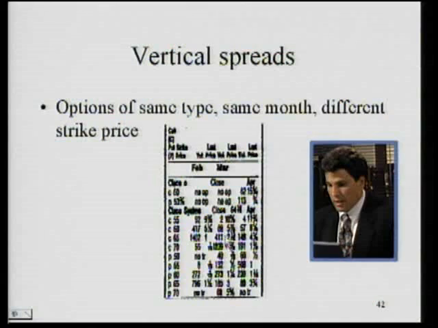Now, we're going to look at the Cisco Systems options table in the Investor's Business Daily. Let's say we wanted to buy the 55 call for April and sell the April 60 call. Well, we're going to buy the 55 call for April. It's right there.